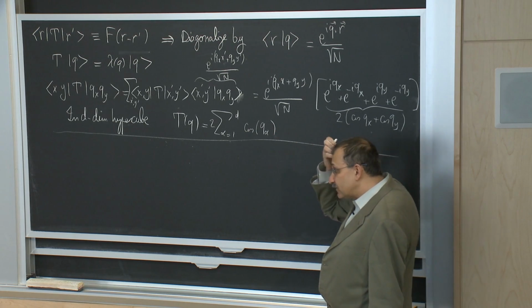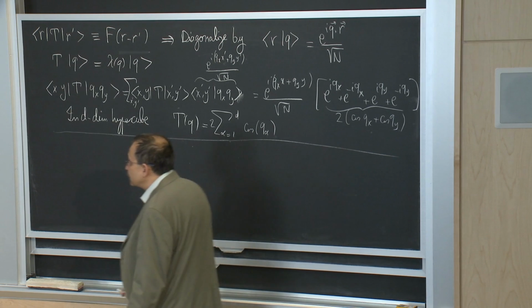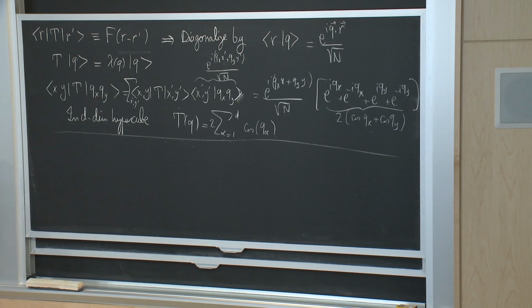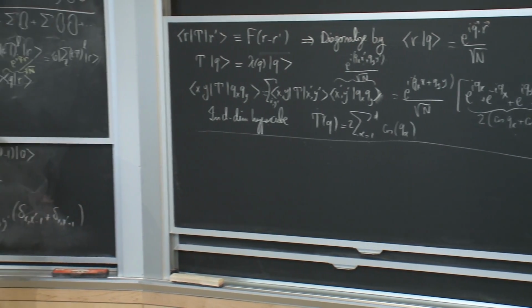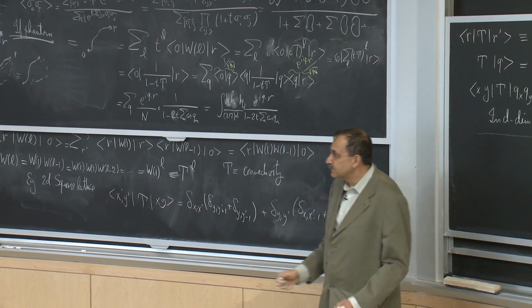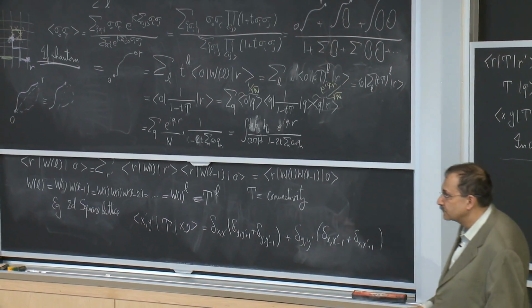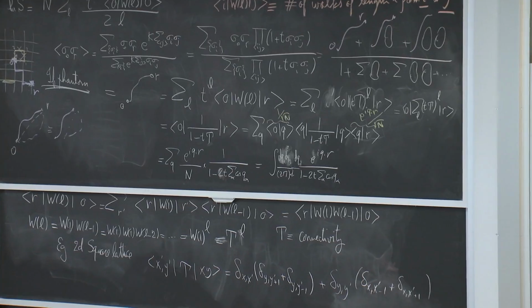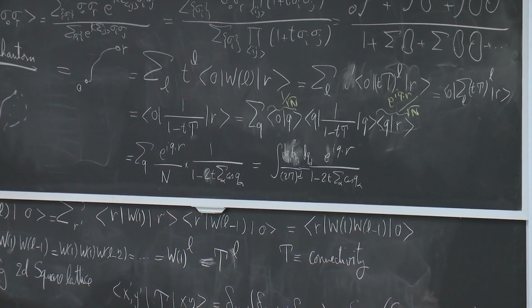So the index alpha is just the number of spatial dimensions. If you like, this is also dq1, dq2, dqd. Okay, I'm not sure what the index alpha was referring to. Okay?